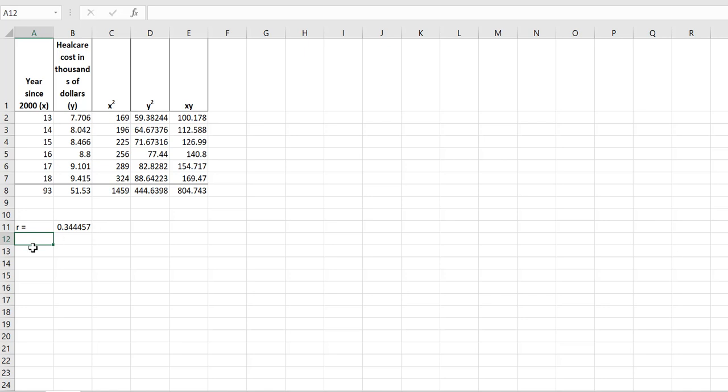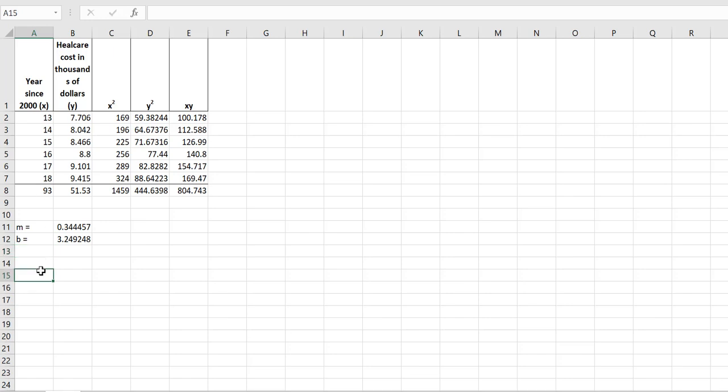And then again, if we want to find b, then I'll start off with equals again. We need parentheses again because we've got that whole numerator. We want the sum of y minus our slope that we found times the sum of x, and then we'll close our parentheses, and then we'll divide by our number of data points, which was 6. So in this case, our intercept is 3.24. So again, if we're going back to the year 2000, then our intersection point there would be about 3.25 essentially.